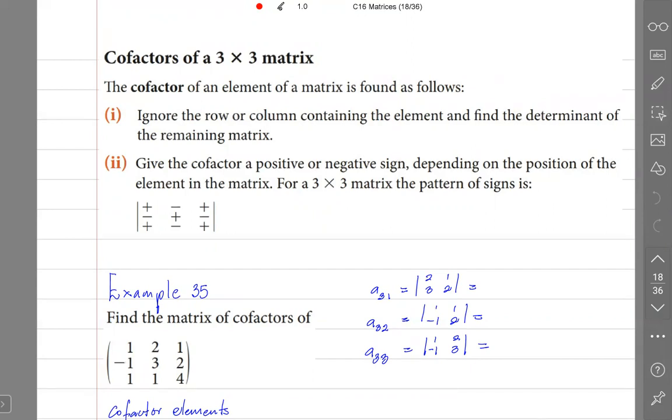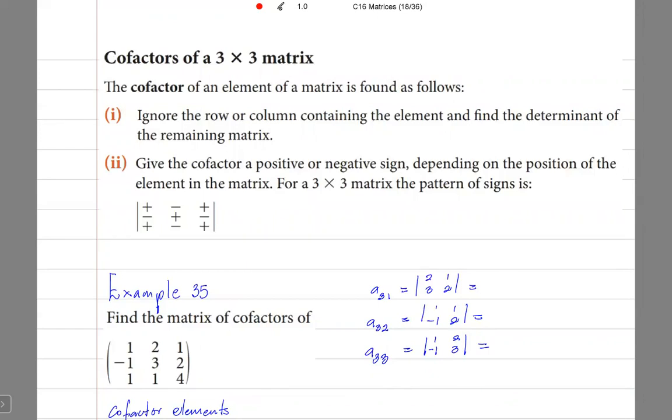Then give the cofactor a positive or negative sign depending on the position of the element in the matrix. For a 3 by 3 matrix, the pattern of signs is positive, negative, positive, negative, positive, negative, positive, negative, positive.